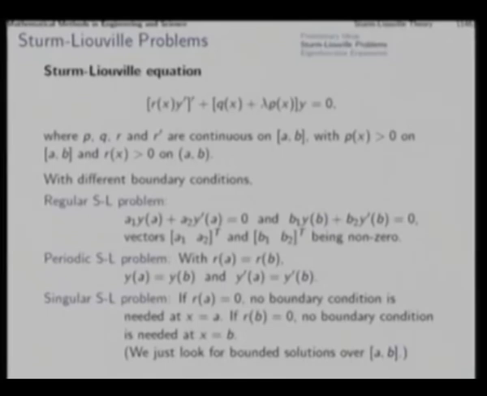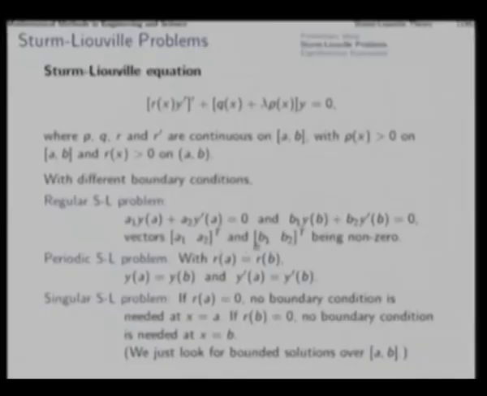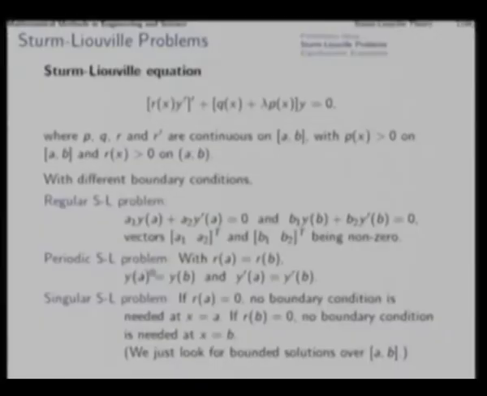It is a boundary value problem. Now, in a very specific case where this function r has equal values at both the boundaries at a and b, in that case another special kind of boundary conditions also will define a Sturm-Liouville problem, and that is if y a and y b are equal, similarly y prime a and y prime b are equal. So, this will define what is called a periodic Sturm-Liouville problem.